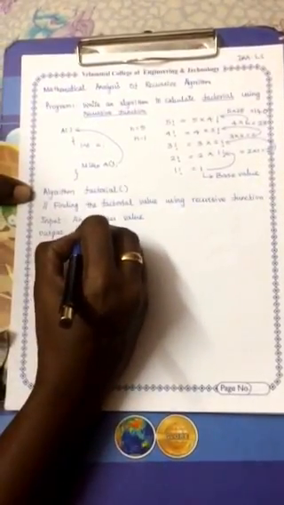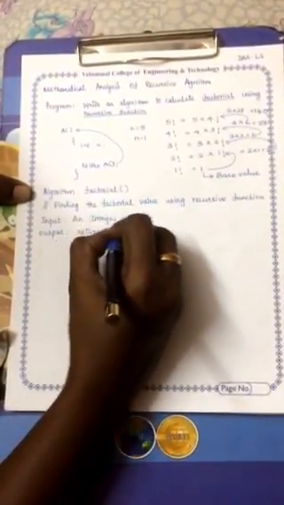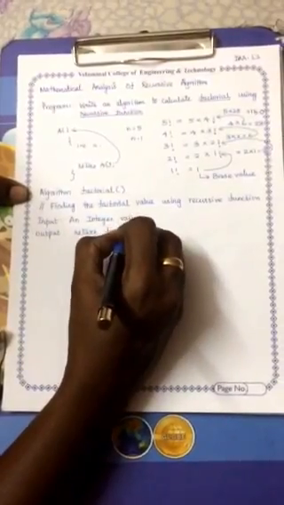The input given to this algorithm is an integer value and the output returns factorial.